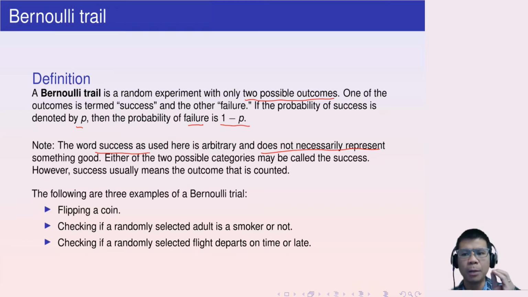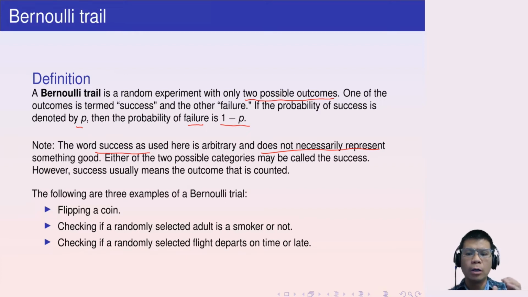If you get a positive test result, let's say that is a success, and a negative test result is a failure. So the success here doesn't always represent something good. It can represent something that is not good.